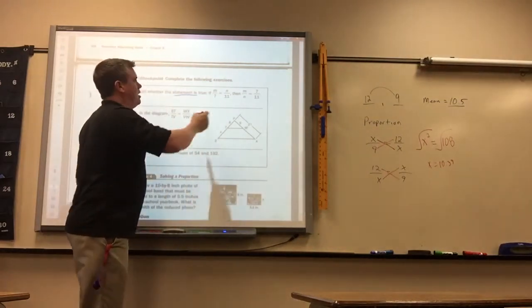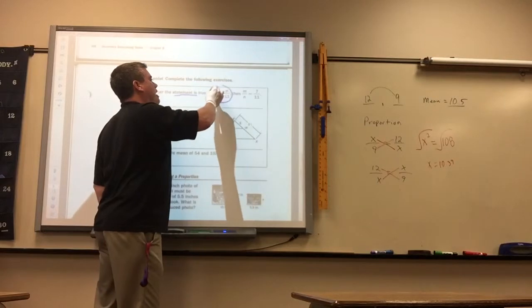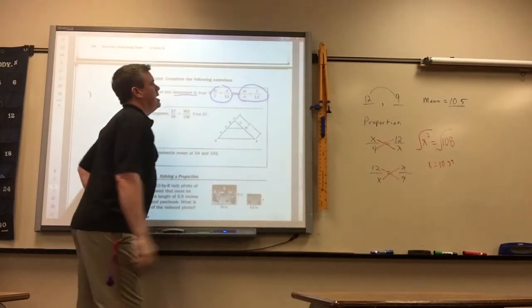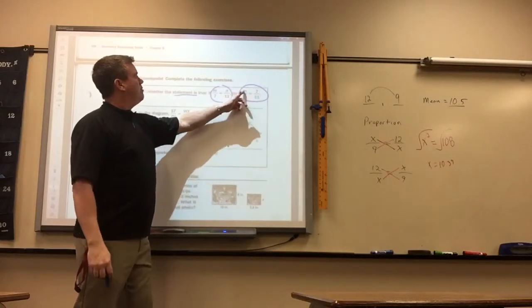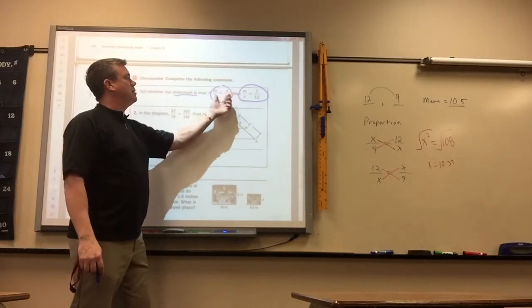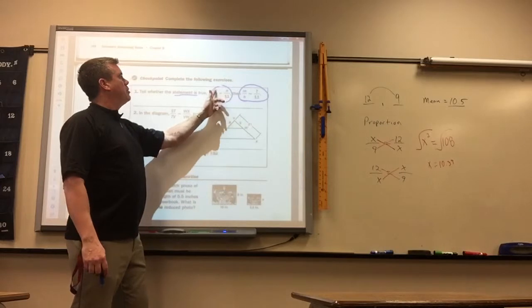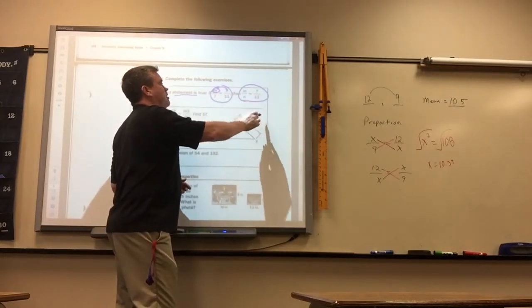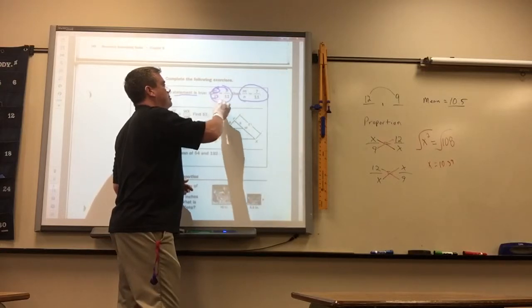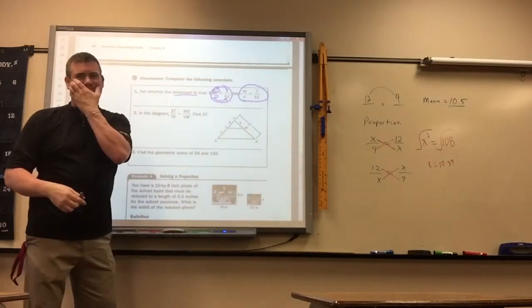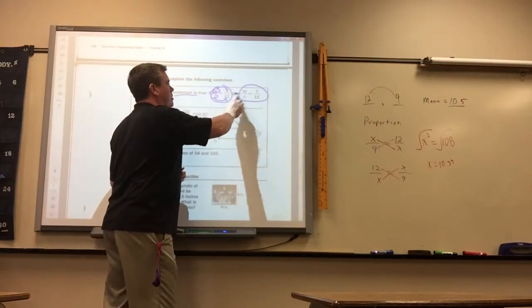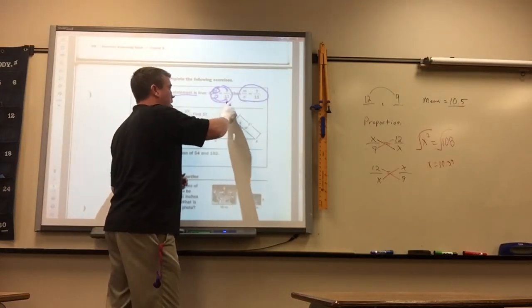Okay, statements. Here's the given. If m over 7 equals n over 11, did they do the same pattern here? No. For this first thing, what did they do compared to here? They put the N under the N. They put this over that. Did they follow the same pattern here? Yes. They put this top over that top, and this bottom over that bottom.